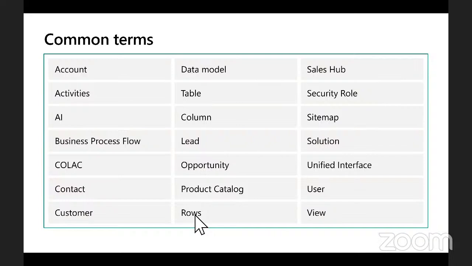We have rows. Dynamics 365 recently, I think about 25 to 26 months ago now, changed the name from record to rows. So within a lead table, within opportunity, we have leads, we have opportunities. The records are basically called rows.